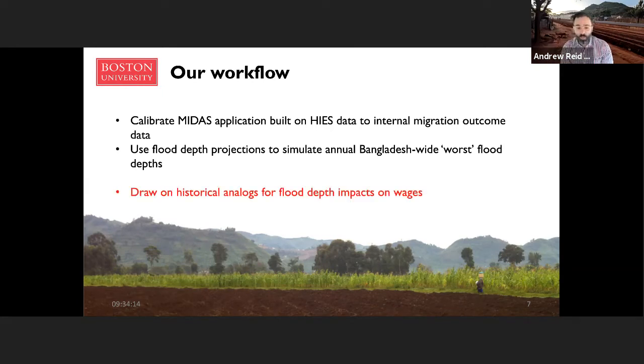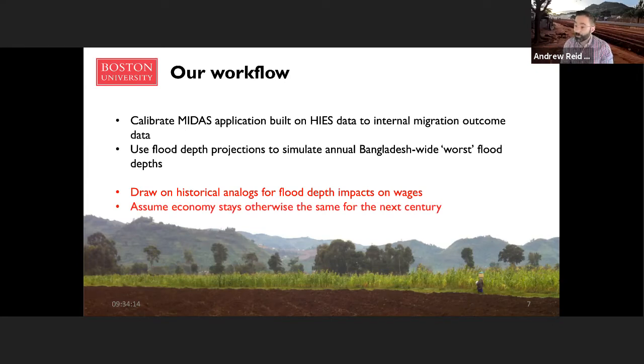And then we did the best that we could. We found, or we had access to, historical analog data for the impact of flood depth on agricultural and non-agricultural wages. And we used that as a transfer function to interpret this expected future path of sea level rise, which we'll acknowledge is not the same as historical monsoon or riverine flooding.